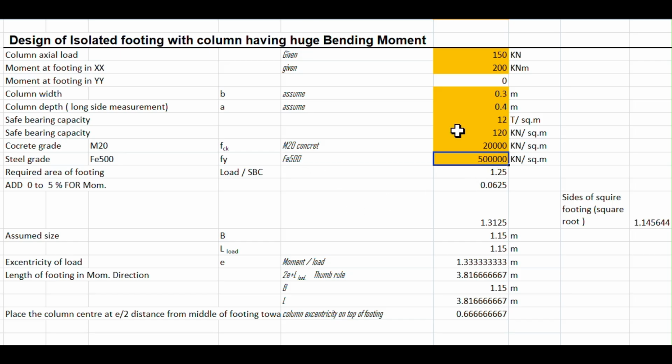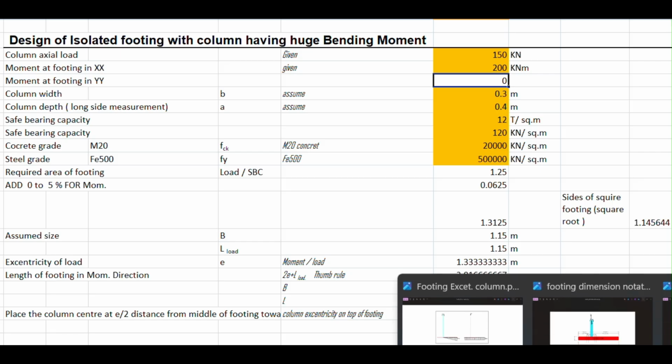Safe bearing capacity of the soil we are assuming is 12 tons per square meter, which is 120 kilonewton per meter square. These are the given items. The moment in YY direction we are assuming as 0 because this is a column having a bending moment in one direction only. We shall see the column cross section drawings.